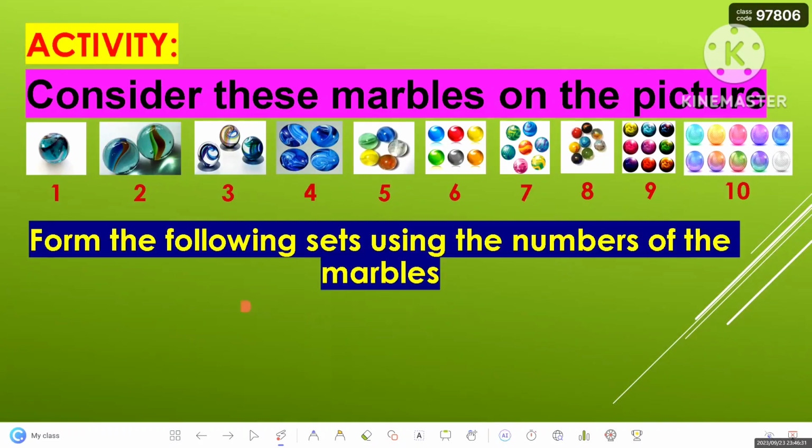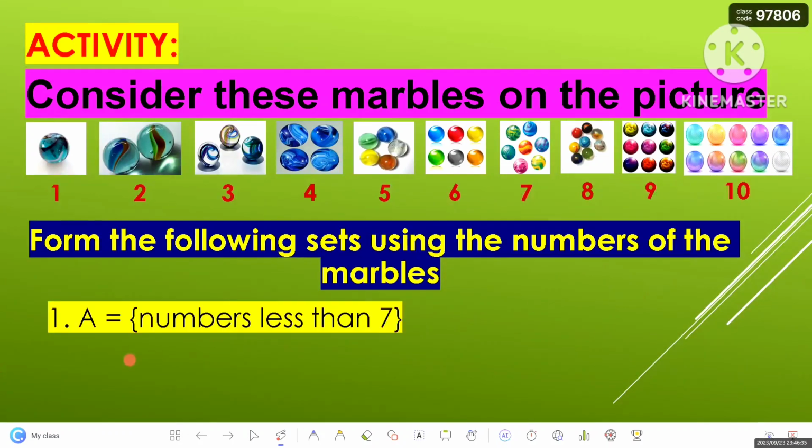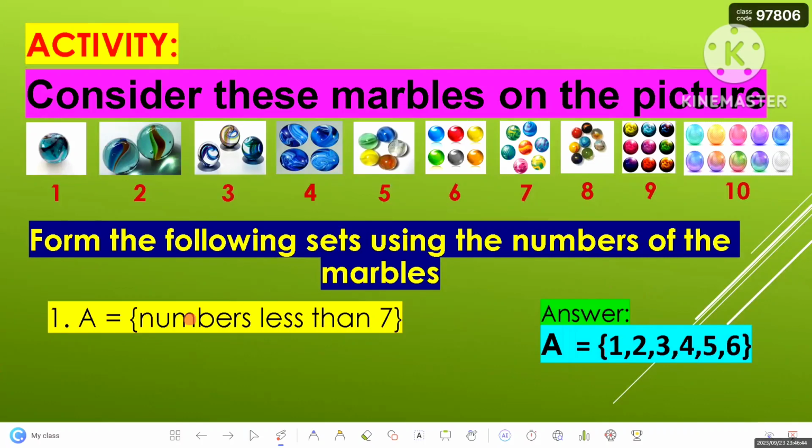Form the following sets using the numbers of the marbles. Number 1, set A, numbers less than 7. The answer must have set A equals 1, 2, 3, 4, 5, and 6.